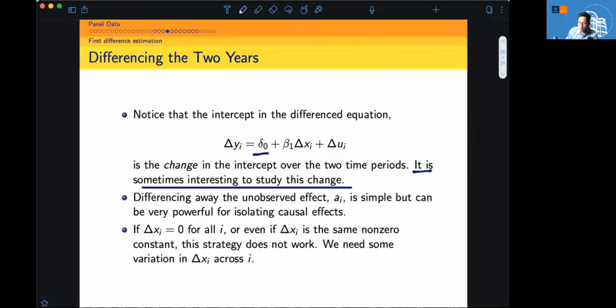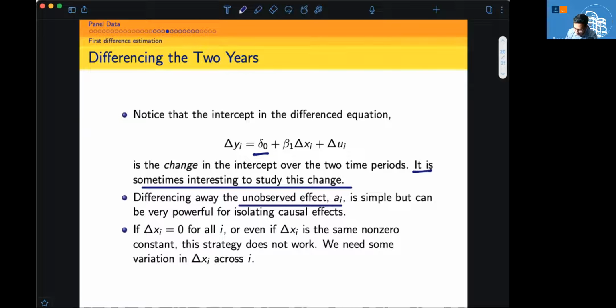What's powerful about the first differencing method is that it eliminates the unobserved effect a_i. In the previous minutes I said that it seems simple. However, a simple change can be quite powerful for isolating causal effects.